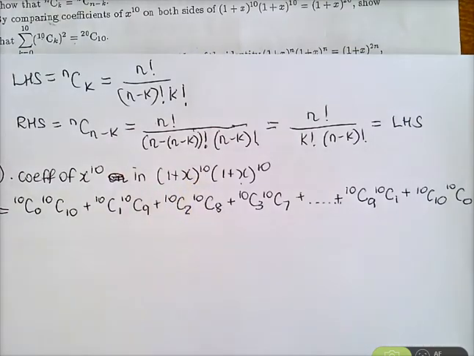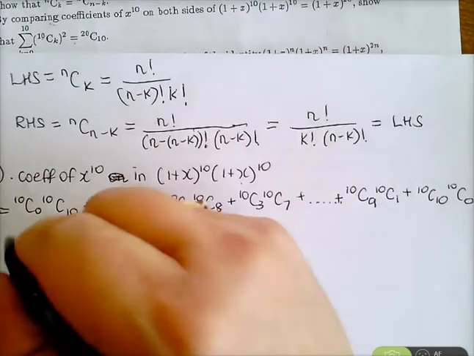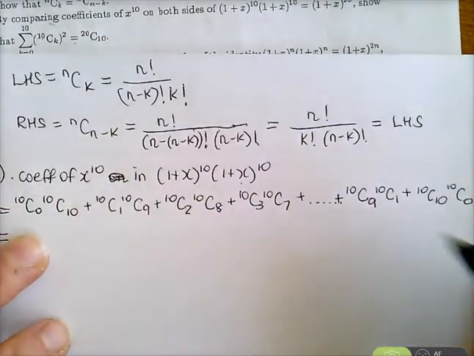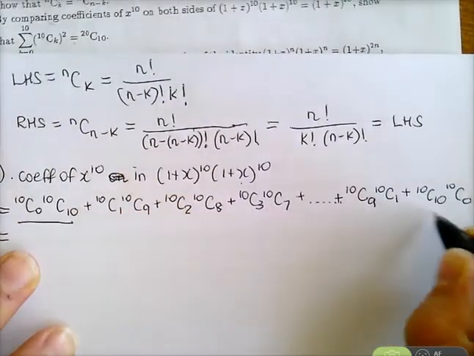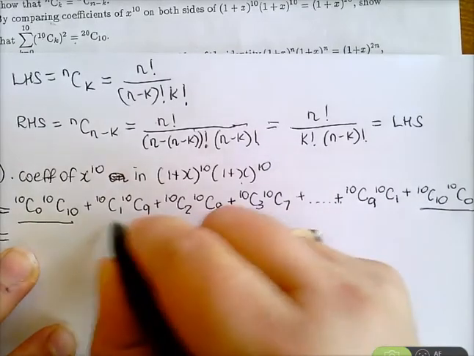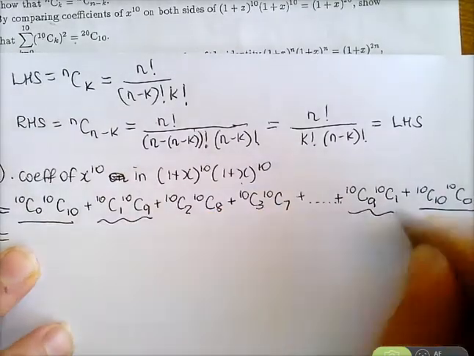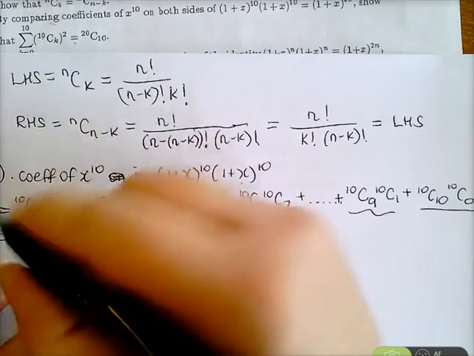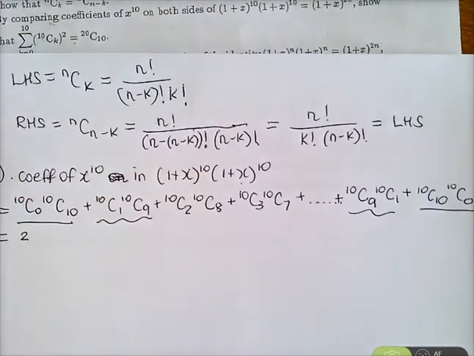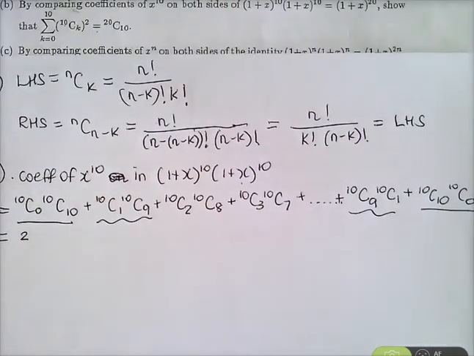There's an extra term, so there will be 11 things here. Now, can you see the double ups? That's a double, that's a double, etc.